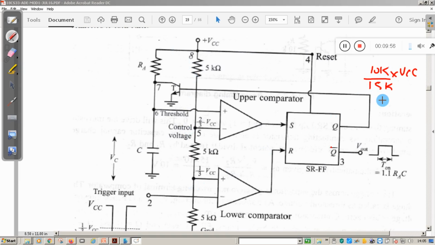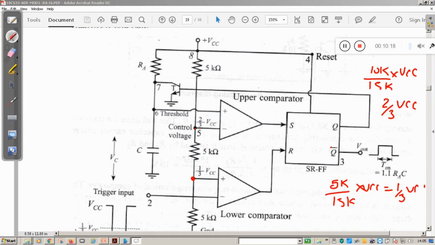This is nothing but 2 by 3 VCC. Similarly, the voltage at this point is the sum of the resistors from here to the ground, that is 5K, and the total resistance is 15K, into VCC, which is nothing but 1 by 3 VCC.